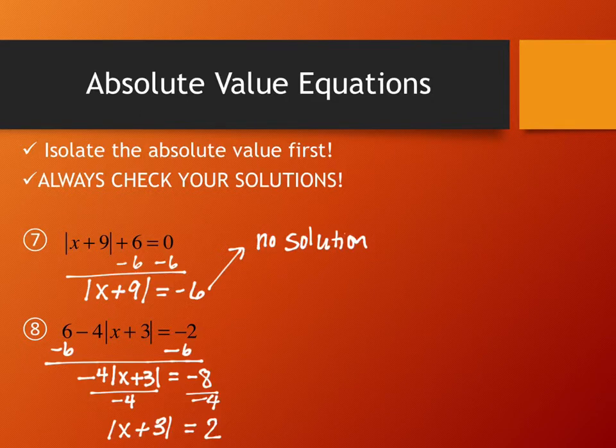So one option is that the x plus 3 is equal to 2. The other option is that what's inside the absolute value could be a -2. Because if it were -2 and we took its absolute value, we would also get 2. So we have two possibilities. My x plus 3 could equal 2, or it could equal -2, and it would still solve that equation.